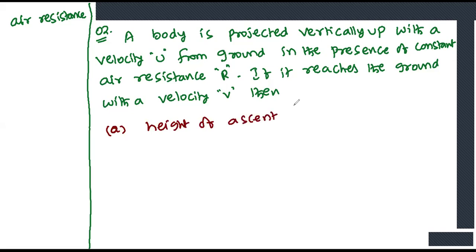Height of ascent means how much it will rise, and that is equal to the height with which it will descend. The height will be the same. Now time means distance by speed.